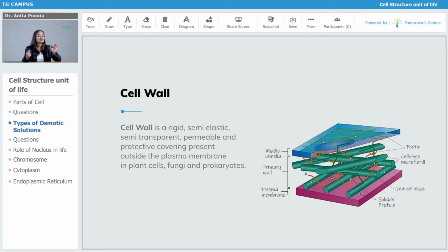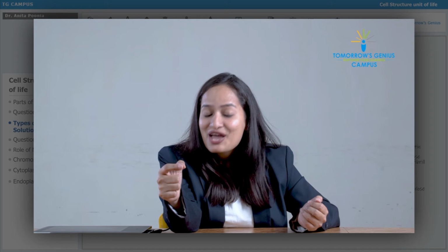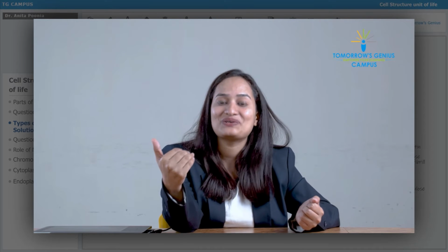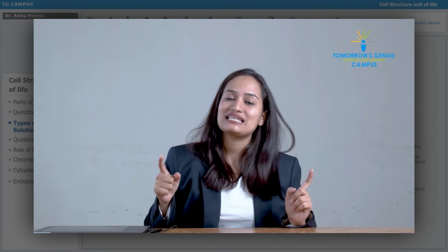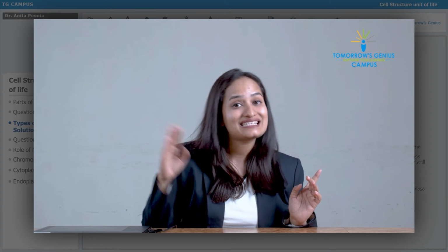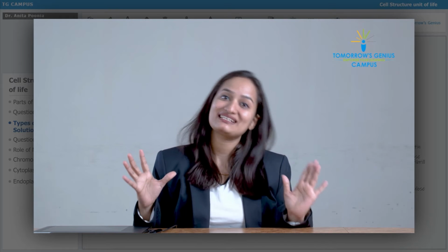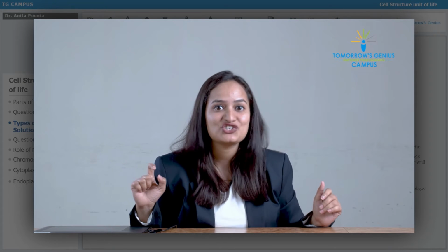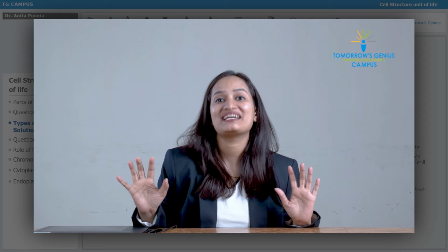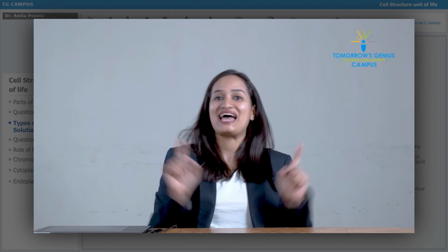Also it's found in the fungi, and I wanted to give you this example, that it is also found in prokaryotes. In bacteria, you know, the outermost thing is the capsule, and inside that there is a cell wall. So cell wall is present in bacteria, in fungi, and in plants. But the cell wall isn't present in animal cells, right?